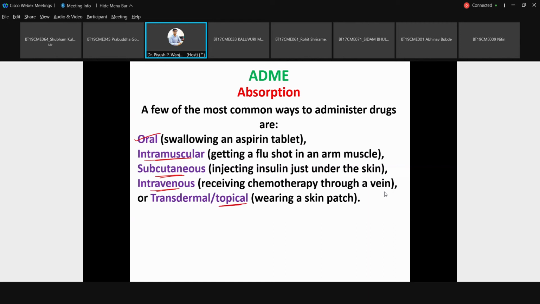If there is pain in a particular part of the body, some people wear a skin patch. It releases the drug effectively, so that you don't always need to use the oral way. So if there are very poorly soluble compounds, you need to take them in a different way.